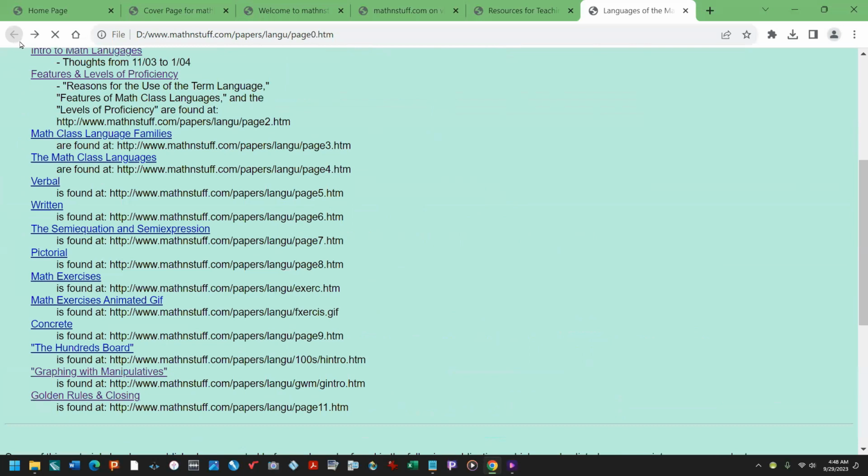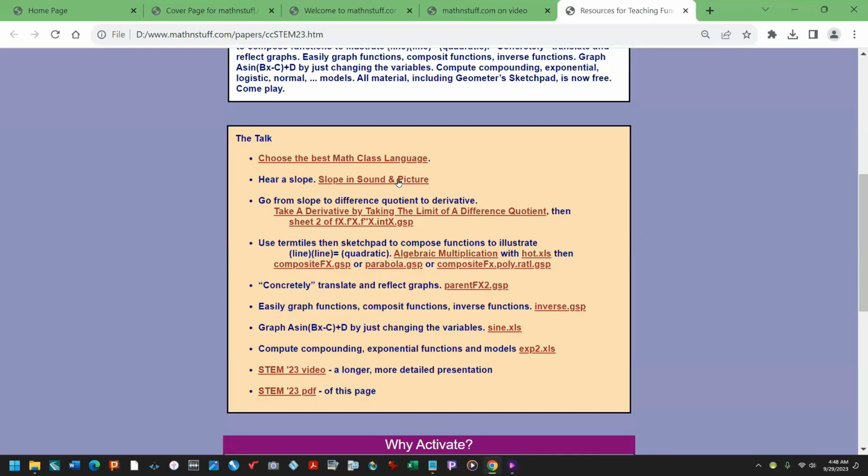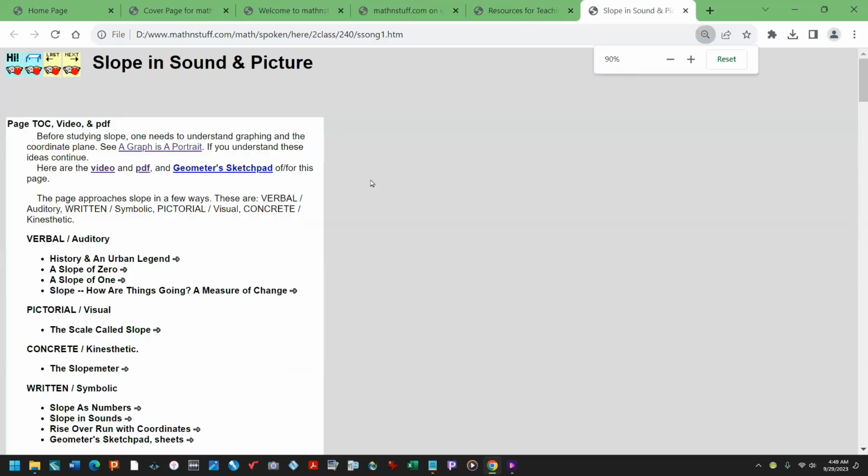Just a few more comments. All right, so you got the idea of why. Now I'm going to take you to the page that's probably the most radical. You can see how strange in a moment. We're going to go to here a slope.